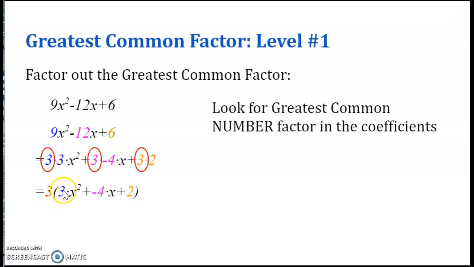That's 3x squared here, and then negative 4x here, and then 2 is going to be here. And if I was to go backwards and multiply this out using the distributive method, you would get back to exactly what you started off with. Okay, so that's a quick way to check, am I doing this correctly?